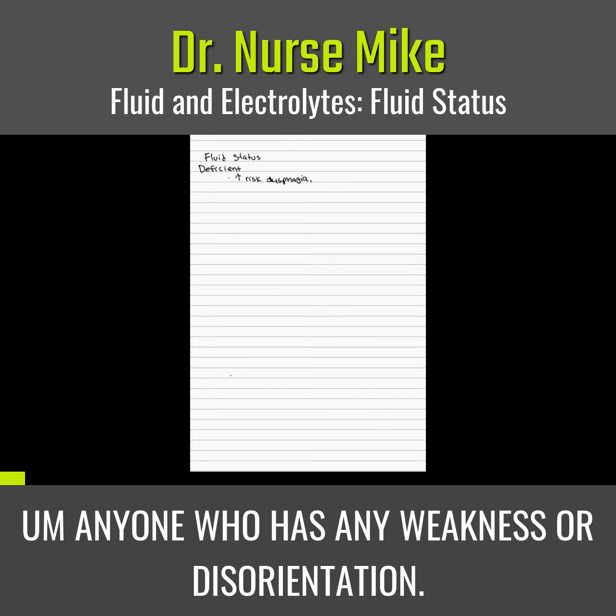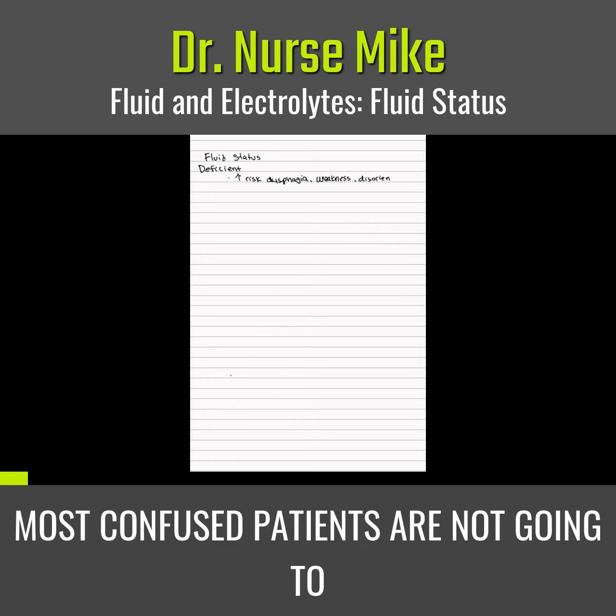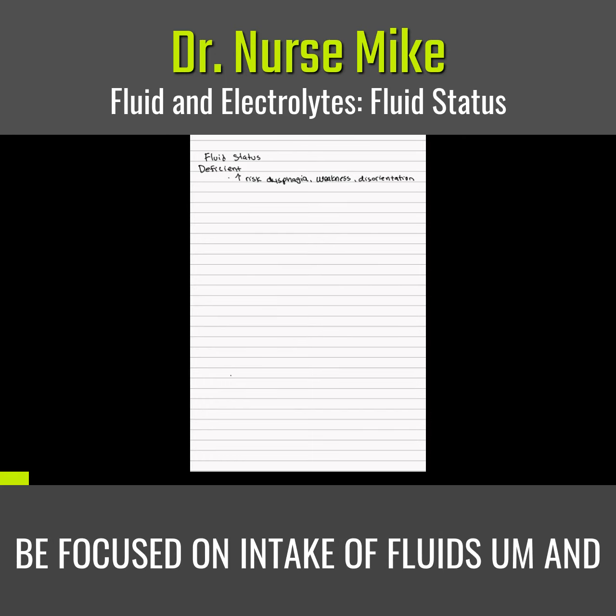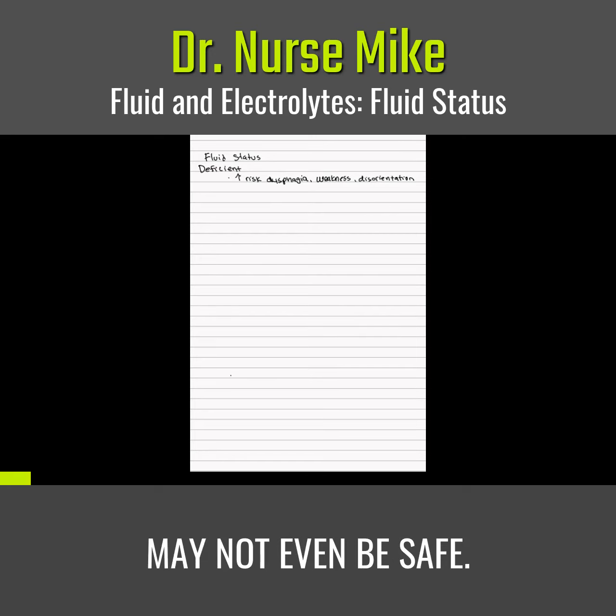Anyone who has any weakness or disorientation. Most confused patients are not going to be focused on intake of fluids and may not even be safe, so that's something you're going to want to evaluate.